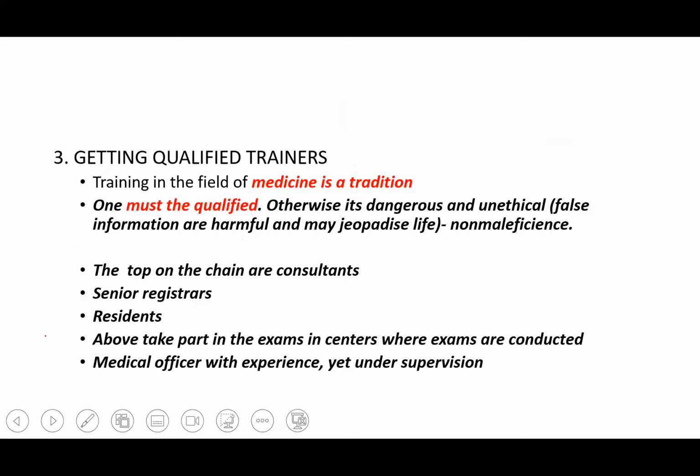Now, getting qualified trainers. Training in the field of medicine is a tradition. Please, you should know this. In the field of medicine, knowledge is transmitted following hierarchy, because you must get somebody who is an expert in that area of specialty that he's delivering knowledge in.